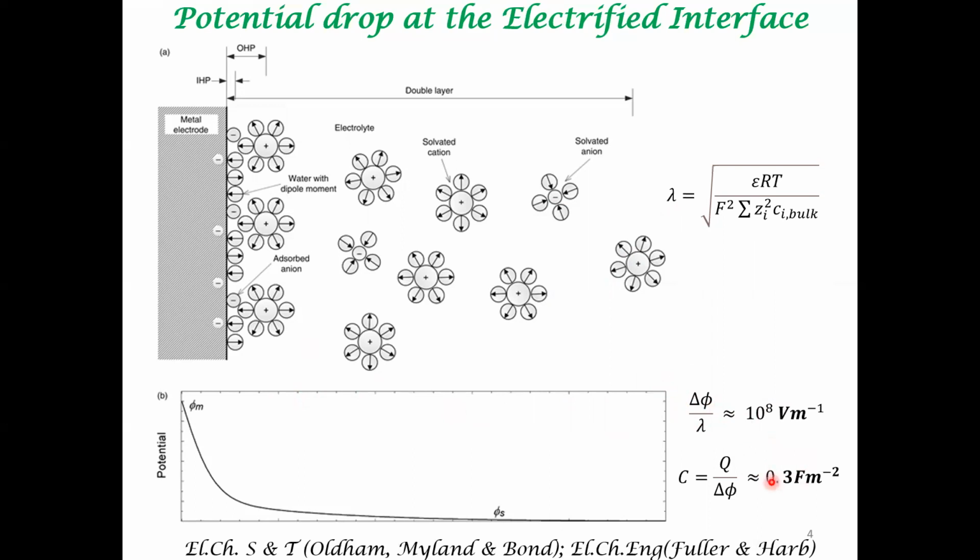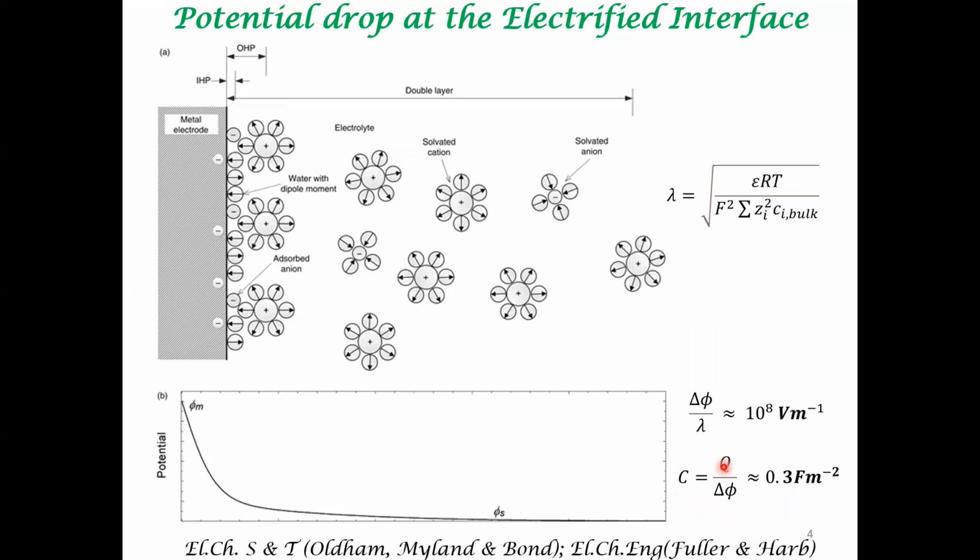The capacitance is not that high, but this is a normal capacitor. If you just dip a metal plate onto a reasonably concentrated solution, you will get this kind of capacitor.